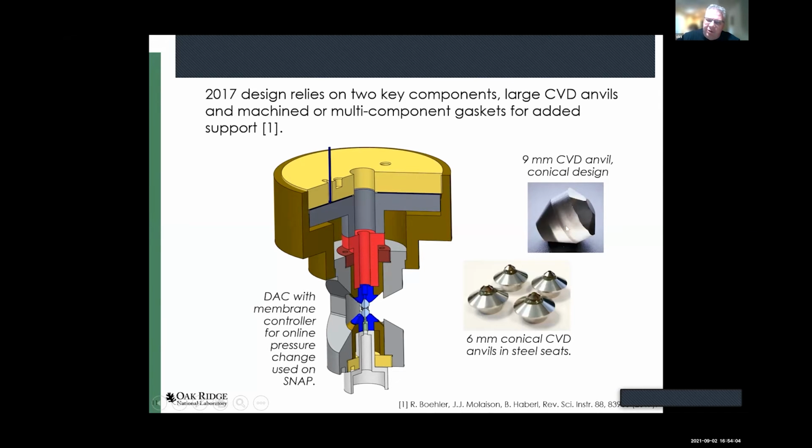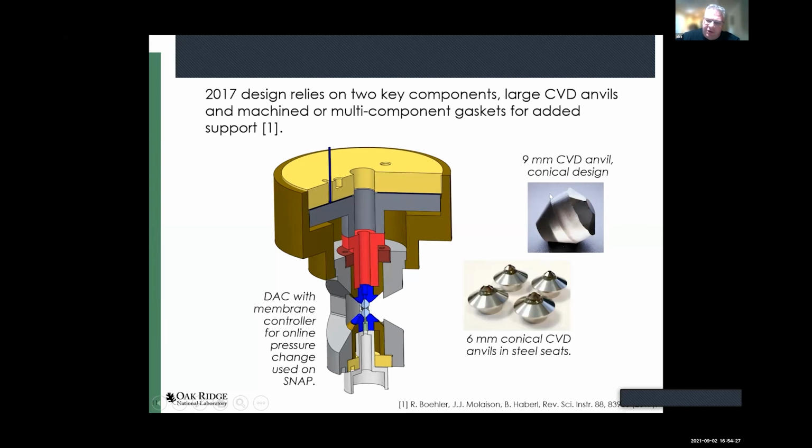With this one is a 9 millimeter anvil, and it's got a conical seat. So the seat is supported. Here's the culet. This is the seat. So typically the diamond is supported by being pressed into a conical seat. This makes alignment very difficult.